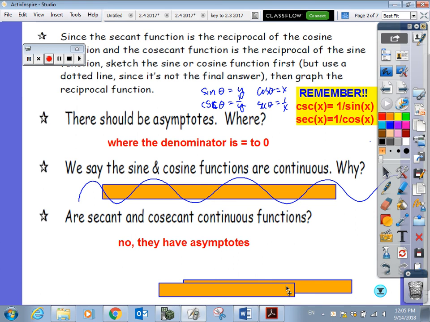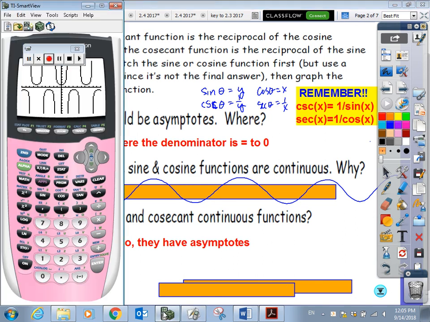Now, I don't want you to get your calculator out, but if I were to graph, let's say, 1 over sine x. Remember, I have to write it that way because I don't have a cosecant button on my calculator. So if I were to graph it, this is what the graph looks like. Now, the calculator doesn't graph asymptotes. I don't know if some of your newer ones do, but mine doesn't.